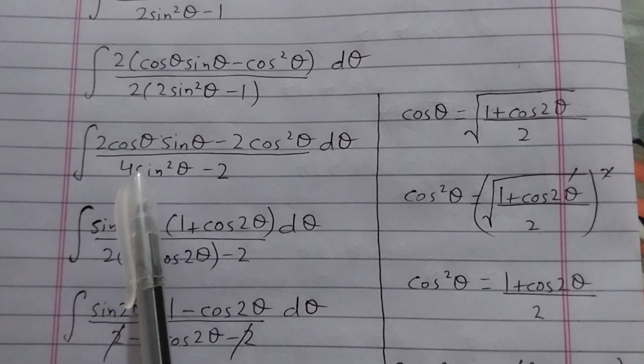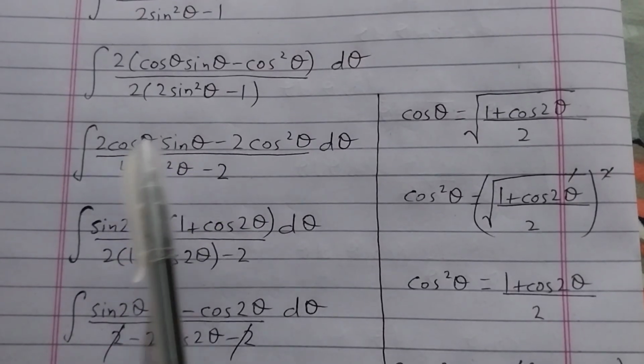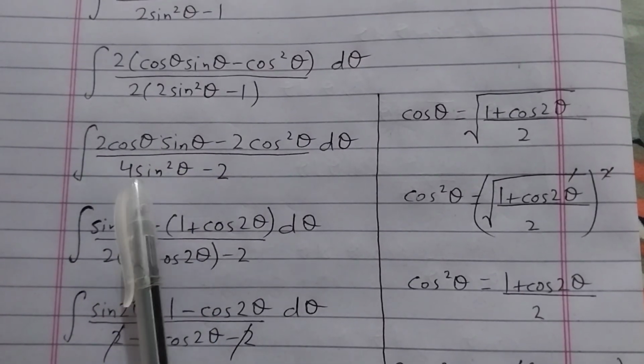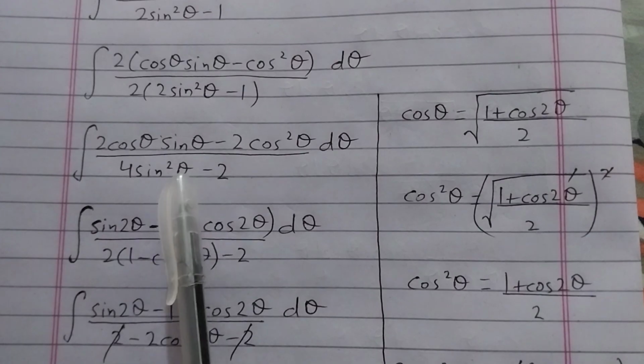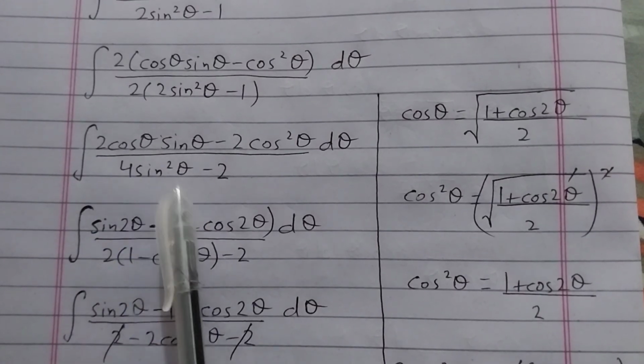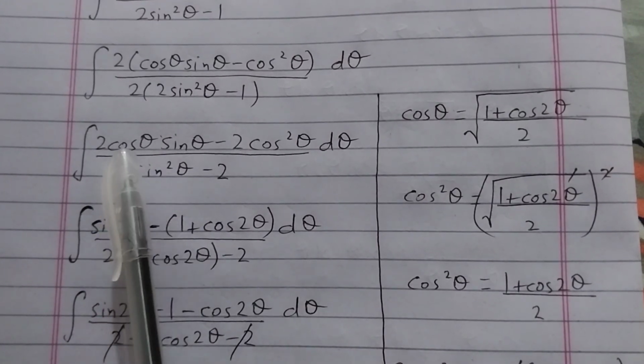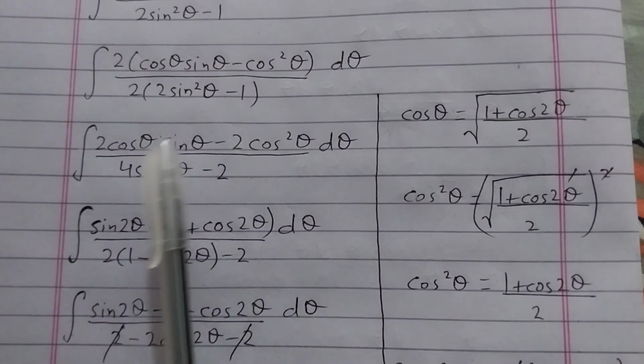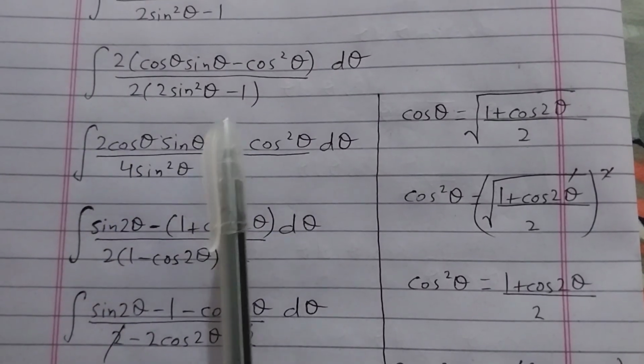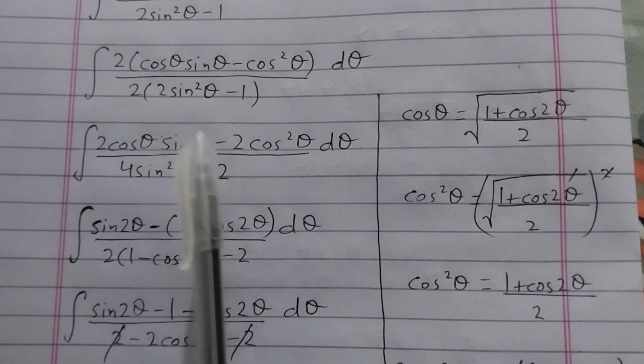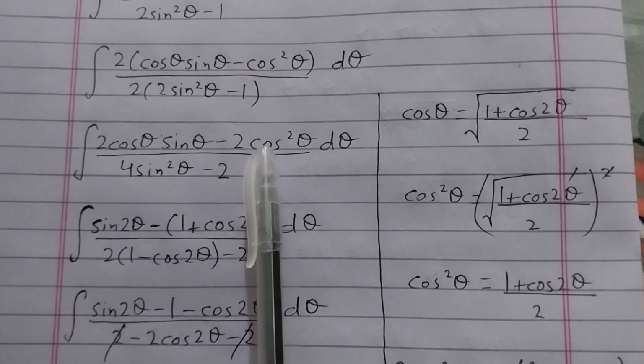And why can't we separate these terms or write them in the form of fractions? Because we have two terms in the denominator. We need to have a single term in the denominator so we can separate these numerator terms in the form of fractions, and then we can apply the linearity property.